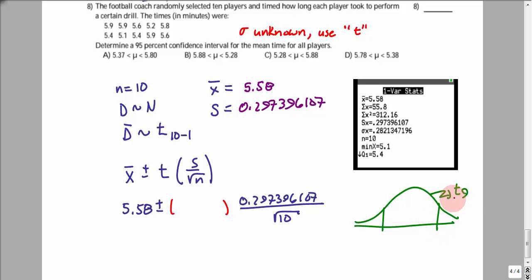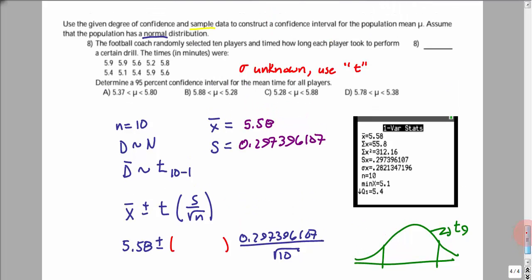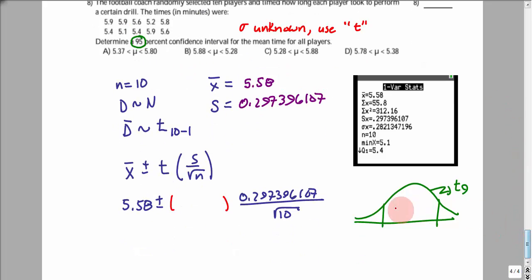The level of confidence that we have is 95%. So I have a 95% level of confidence. Okay, so let's go ahead and have a look. If I have a 95% level of confidence, that means 5% is split between two tails. So in each tail we have 0.025.